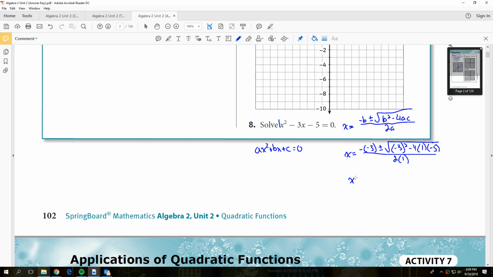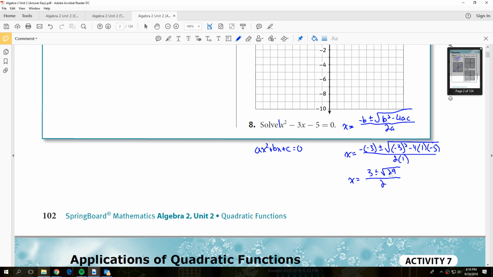And we'll simplify this a little bit to get 3 plus or minus, and this would be 9, negative 3 squared is 9, plus 20, in this case negative 4 times negative 5 is 20, so we have the square root of 29 all over 2.